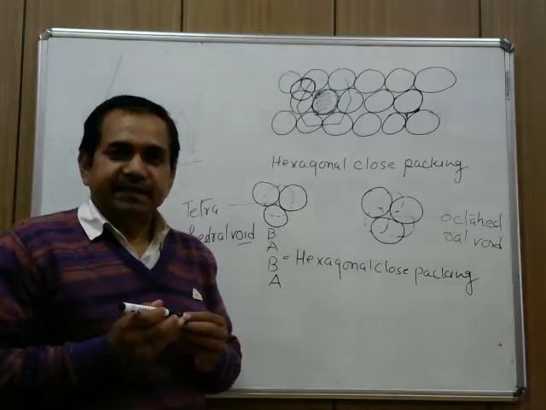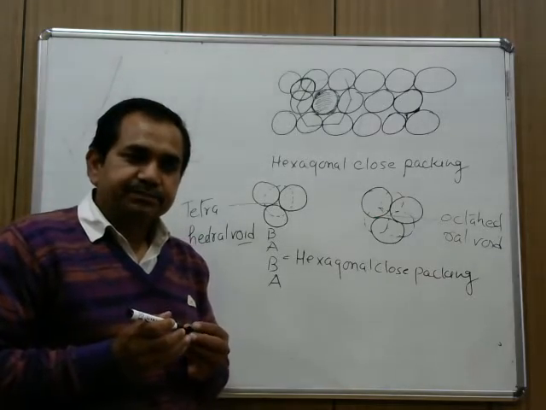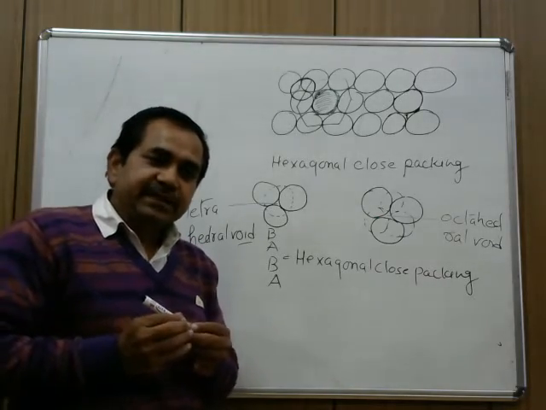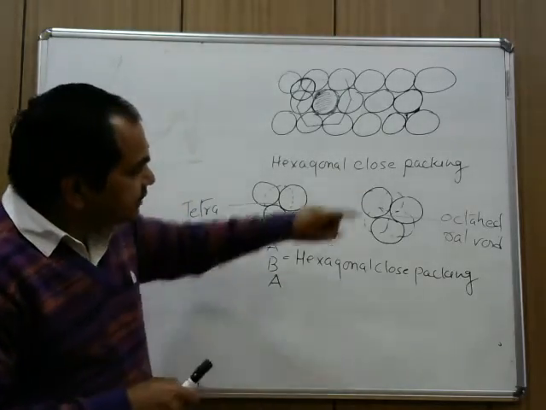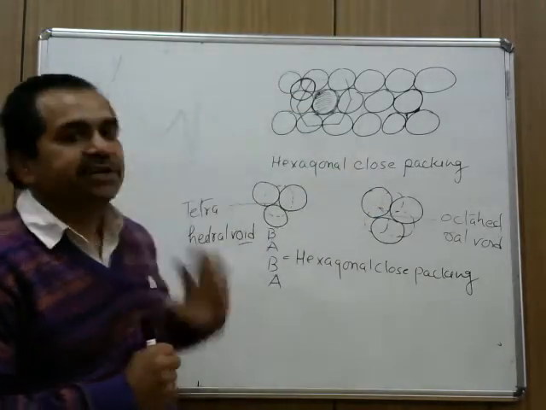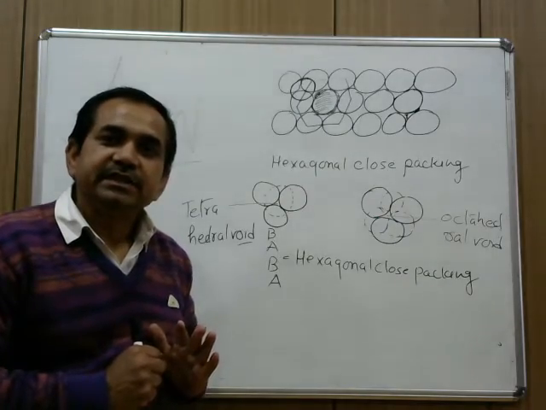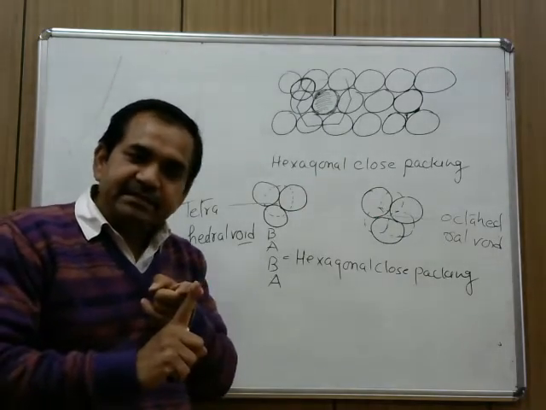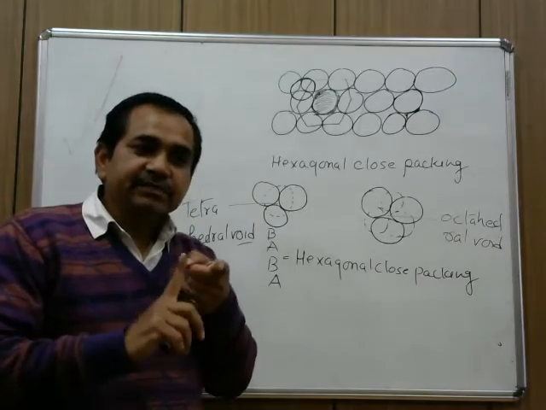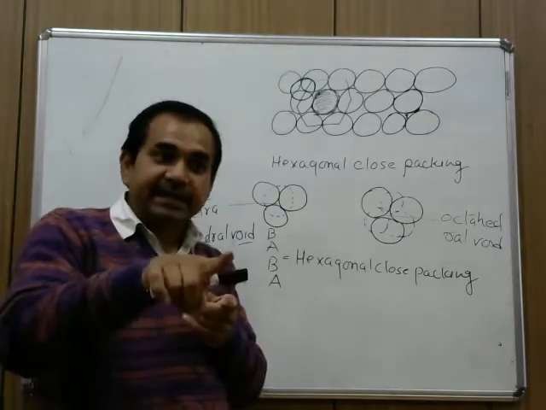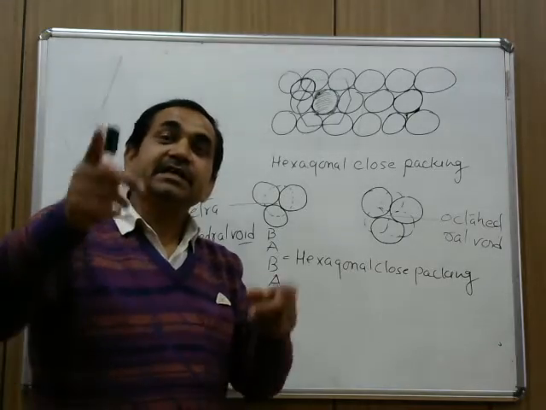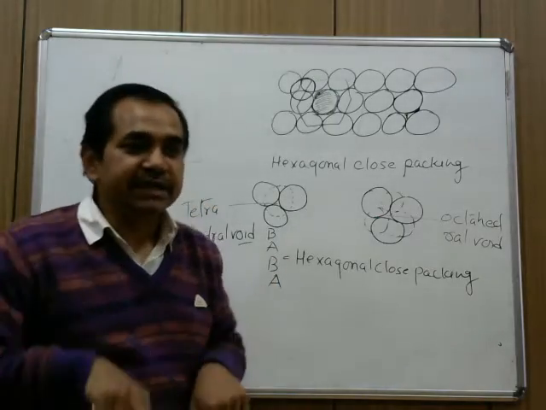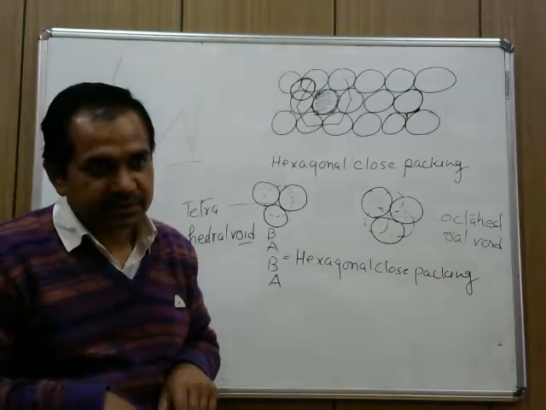There is another way in which spheres of the third row are stacked, in a way that they cover the octahedral voids of the second row, and in that case the spheres of the third row have a different alignment to that of the first and second rows, and the spheres of the fourth row are identical to those of the first row.